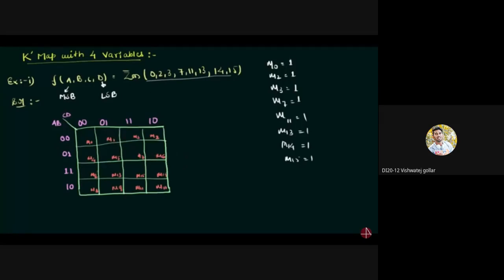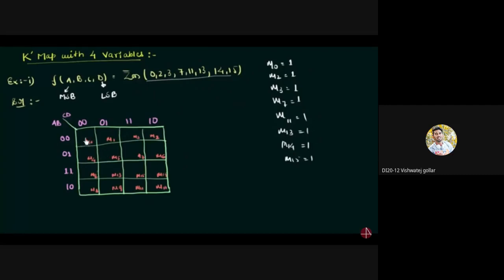Now we will fill this map with the information already given in the question. So I have written it in this form. You can directly fill it in here. For M0, M2, M3, M7, M11, M13, M14 and M15, the values are 1.